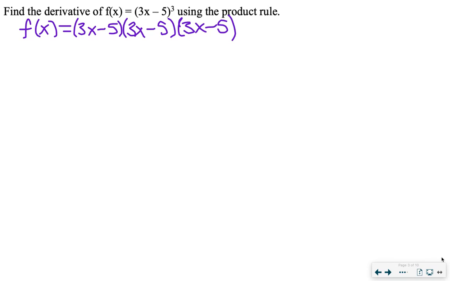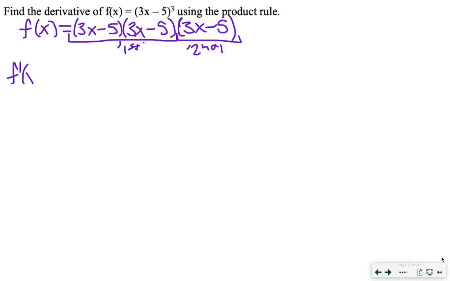Right, we can now use our product rule. Product of two things, so maybe you want to look at the first two as my first, that last one as my second. So when I'm taking the derivative, second d first plus first d second. And when I take the derivative of the first, it's going to also involve using the product rule.